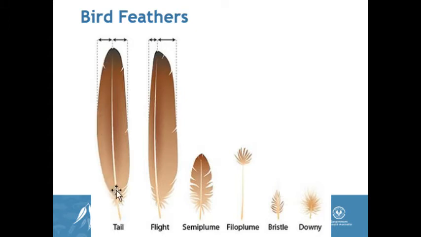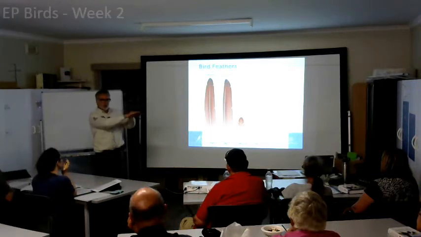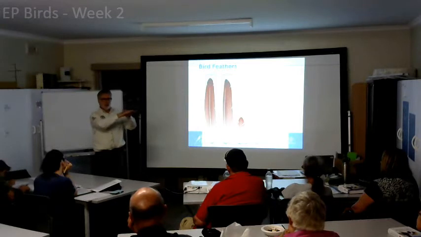Now, depending on where the feather is positioned on the body, they have different shapes. If you've got air moving down along a feather, or in a way that's not going to come directly from the side, they tend to be quite even, either side of that shaft, or rachis is its technical name, R-A-C-H-I-S. And if you've got something like a flight feather, particularly the primaries, the leading edge of the primary feathers, where the wind is hitting them, that has to be shorter to deal with the forces that are being applied to it.